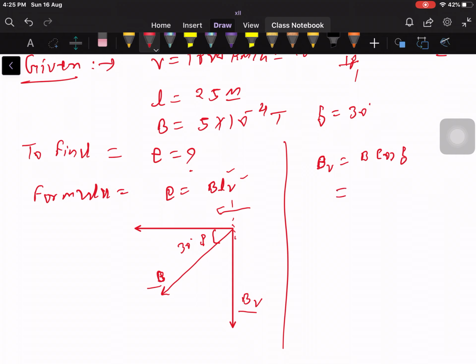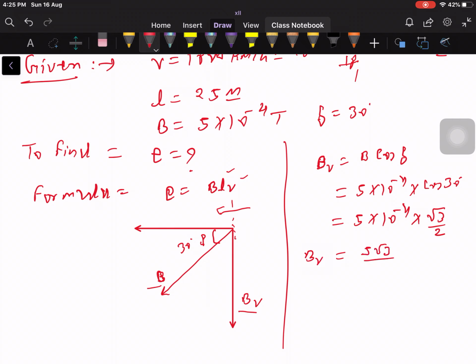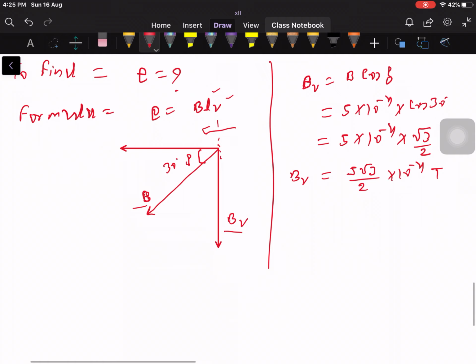So what is B? 5 into 10 to the power minus 4 into cos 30 degree. Put the values: 5 into 10 to the power minus 4 into root 3 by 2. So ultimately BV is equal to 5 root 3 upon 2 into 10 to the power minus 4 Tesla. Now things are very clear to us.